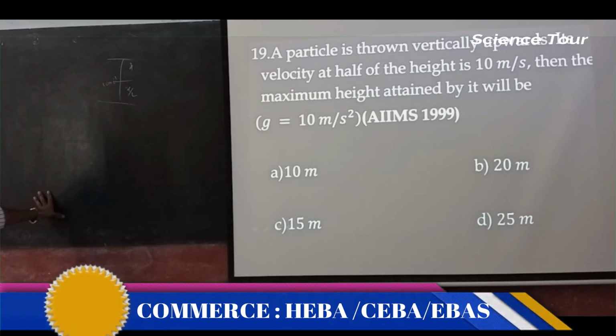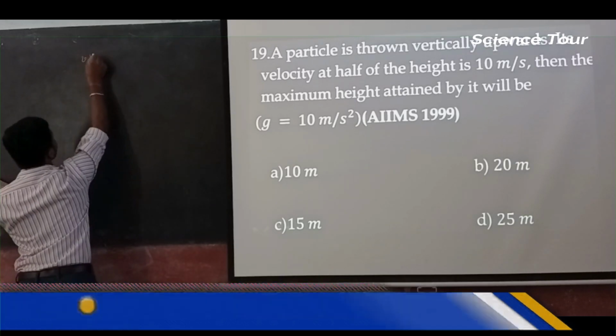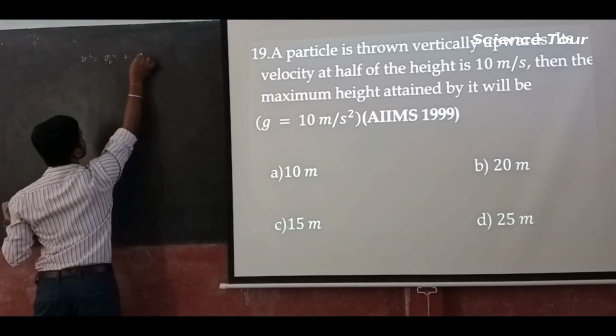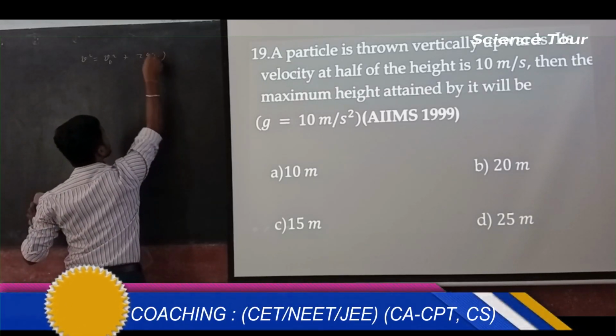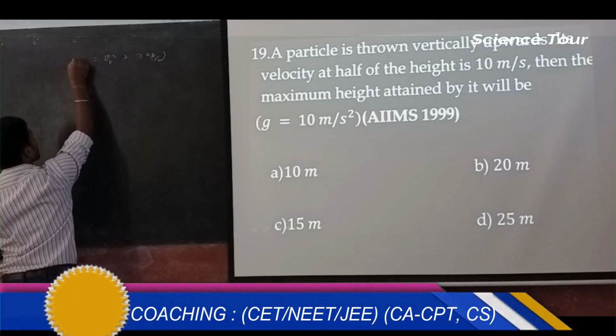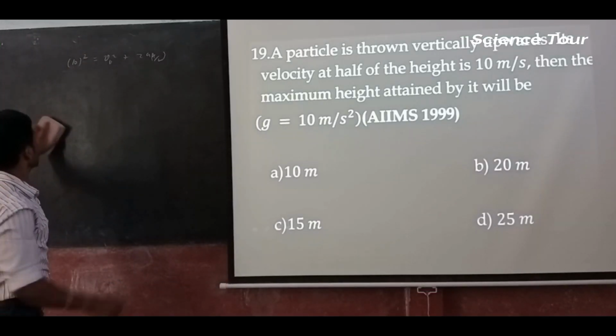Now we will find out the initial velocity. So v square is equal to v naught square plus 2ax. At half of the height, the final velocity is 10, so 10 whole square. Upward velocity is positive.